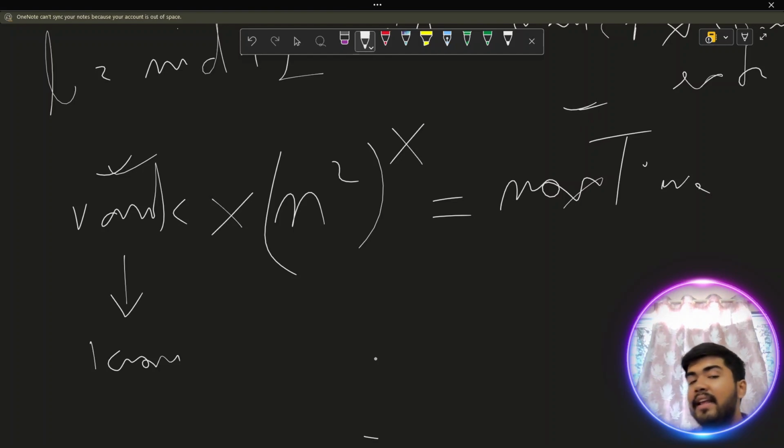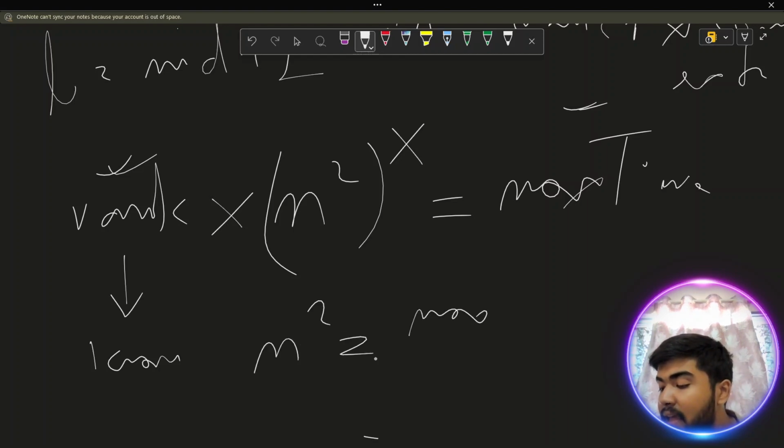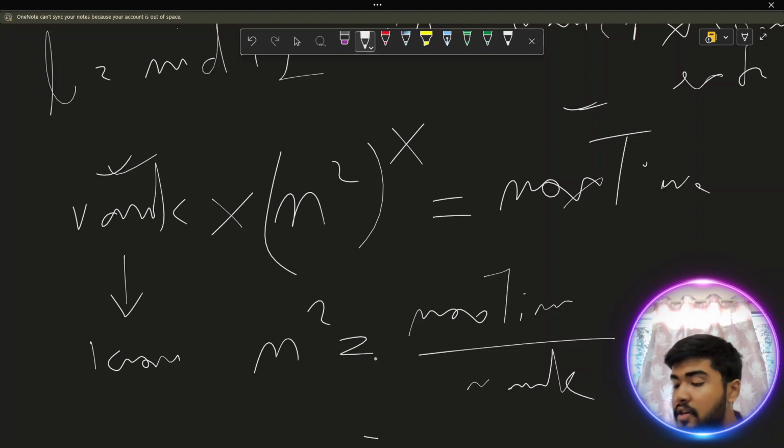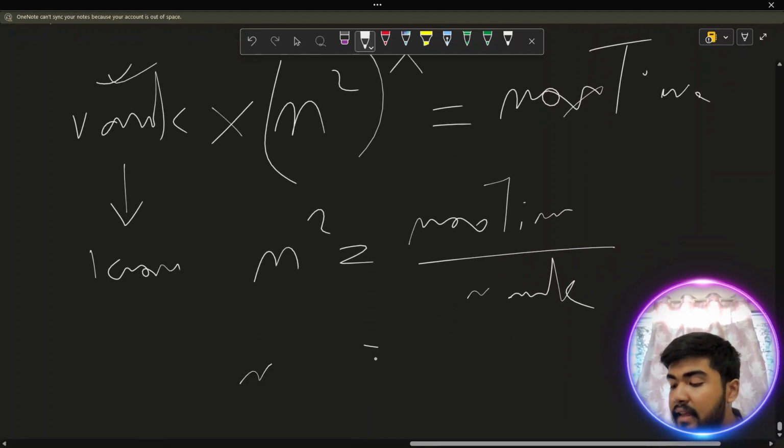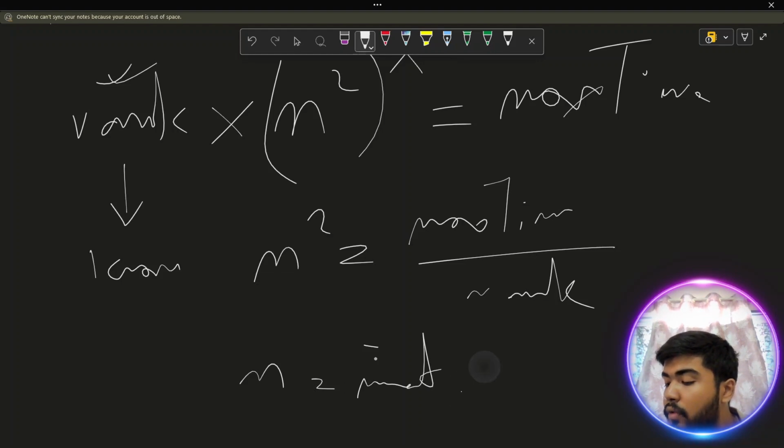Now if I want to find n square, that is class 8 to 9 standard or maybe 5 to 6 standard maths, which is how you can do so. Your n square is nothing but your max time divided by rank, that is for sure. And then n is nothing but Math.sqrt of max time divided by rank.